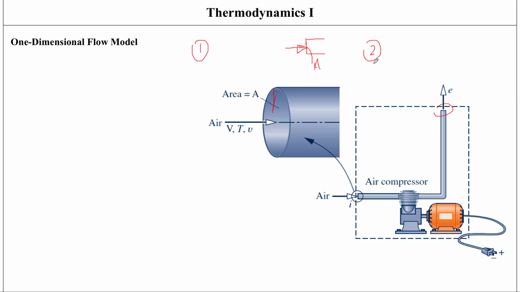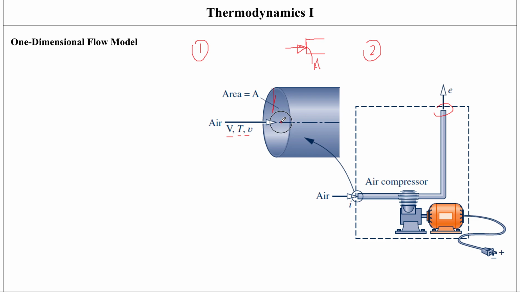So what that means is that the velocity, although it may be changing on a microscopic level, as a whole, we just assume that the velocity or the density or all the other intensive properties stay uniform, and we have one single value for all of these. It may be varying on a microscopic level.